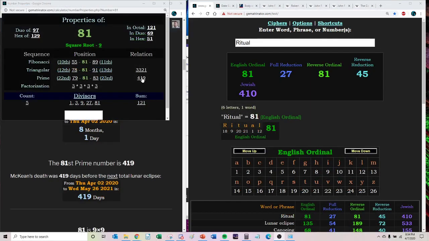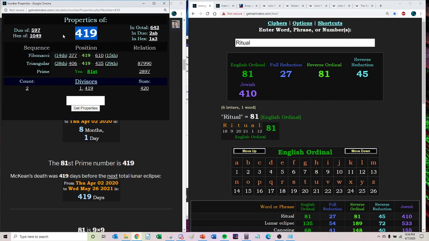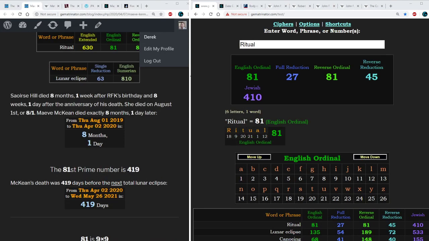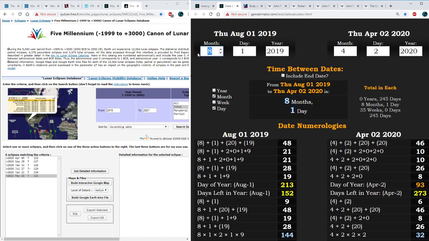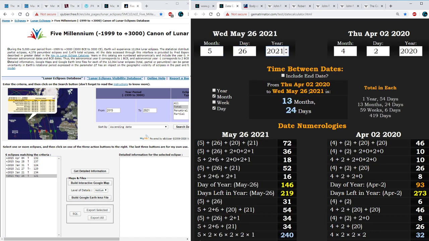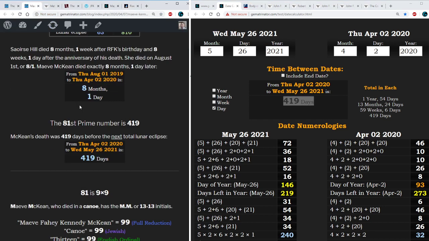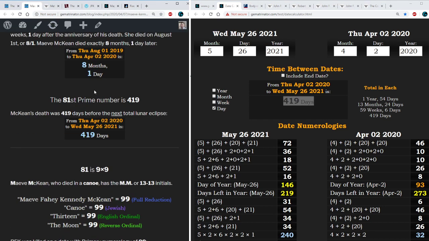Now, the 81st prime number is 419. If we instead measure to the next total lunar eclipse, which falls on May 26th of 2021, notice how Maeve McKean died 419 days before that total lunar eclipse.